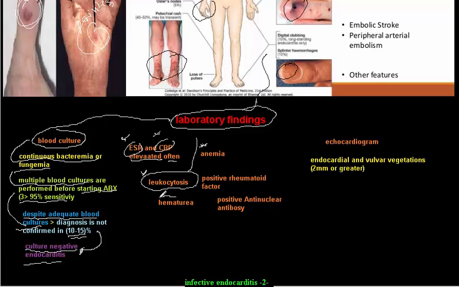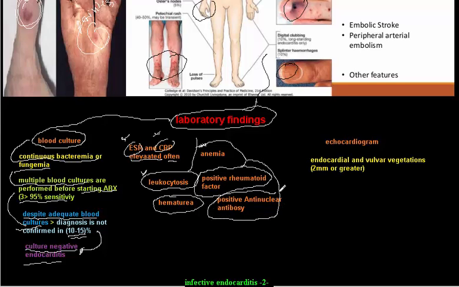We may have hematuria, as I said, due to the hemorrhage in the kidney. We may have positive rheumatoid factor and positive anti-nuclear antibodies. So positive rheumatoid factor, anti-nuclear antibody, ESR, CRP, leukocytosis, hematuria, anemia, and the most important, the blood culture.